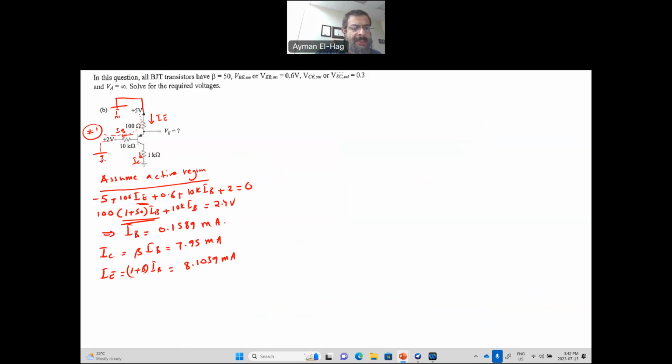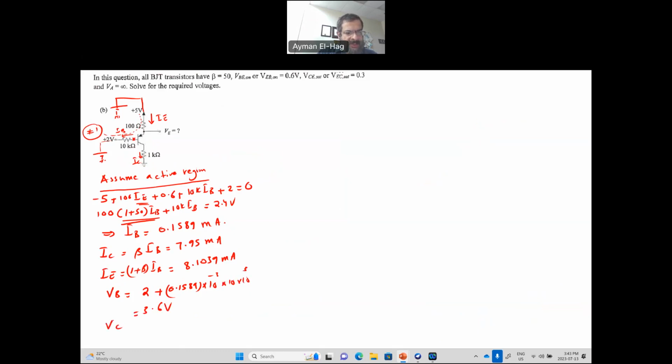Where is my VB? This is your VB here. The VB is the voltage from here to the ground. So your VB is equal to 2 plus the IB current, which is 0.1589 times 10 to the minus 3 times 10 times 10 to the power 3, and this will give me 3.6 volt.